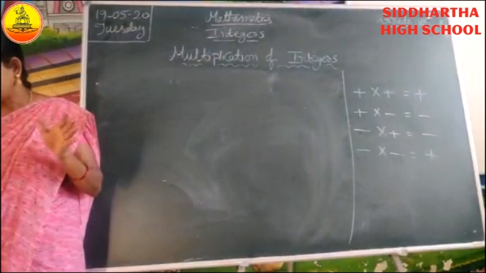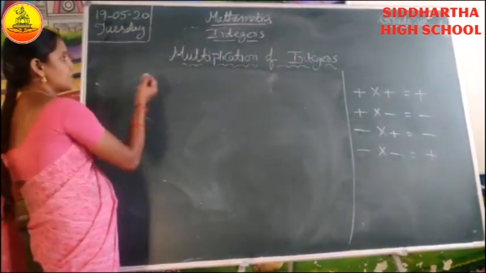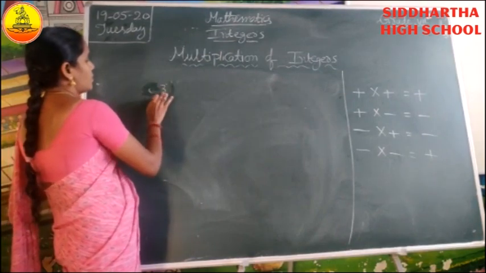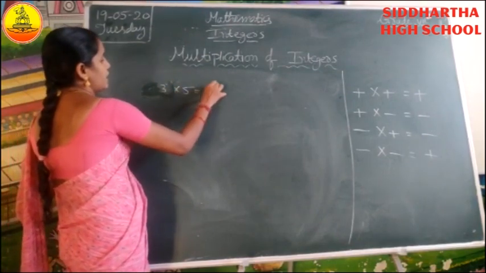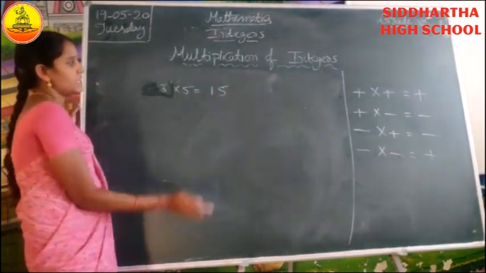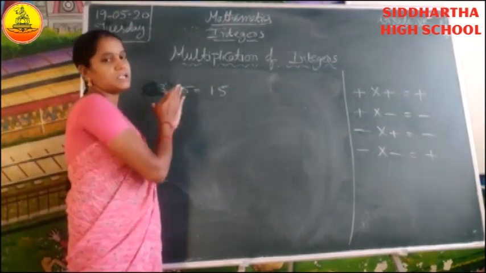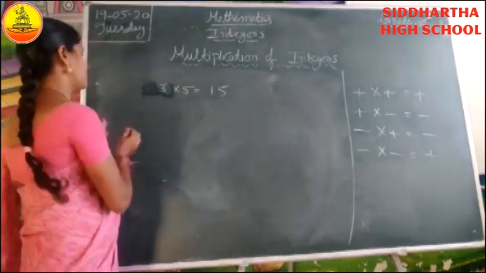Now, whenever we multiply all positive integers, some rules are there. If you multiply positive integers, every time the result will be positive. See here, 3 is a positive integer, 5 is a positive integer, the result is also a positive integer.